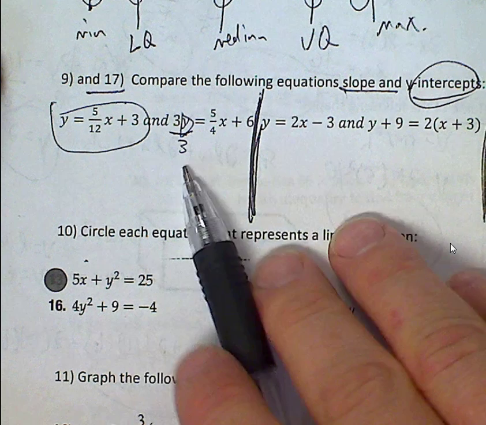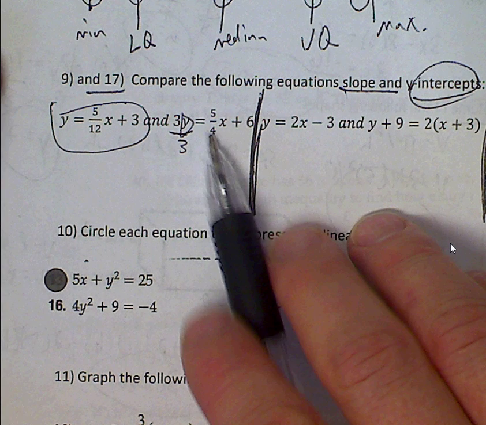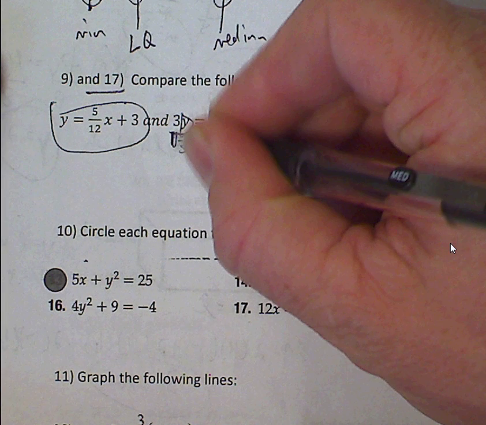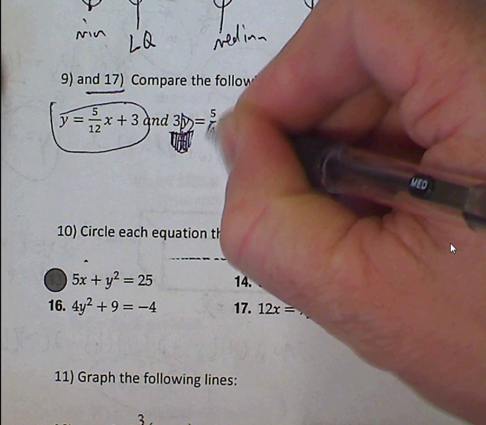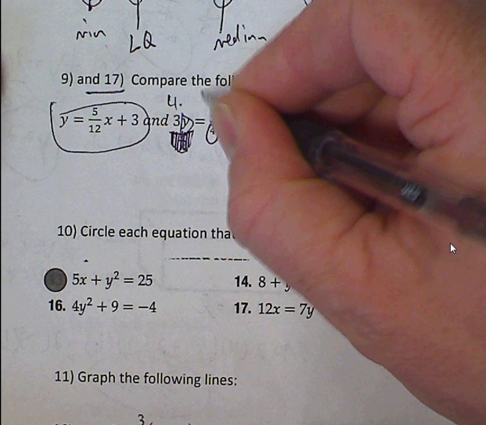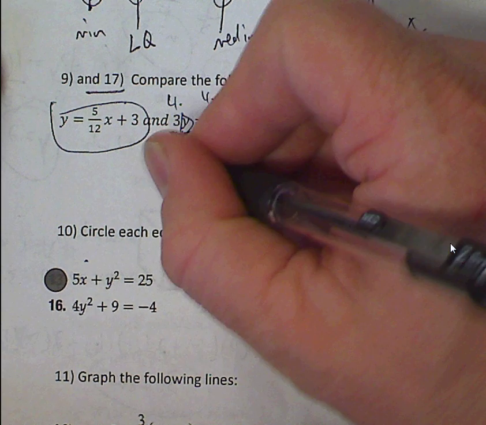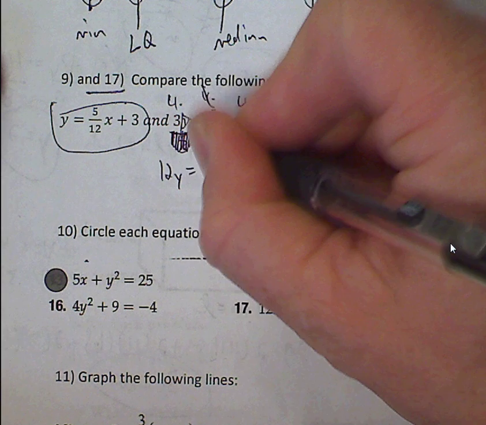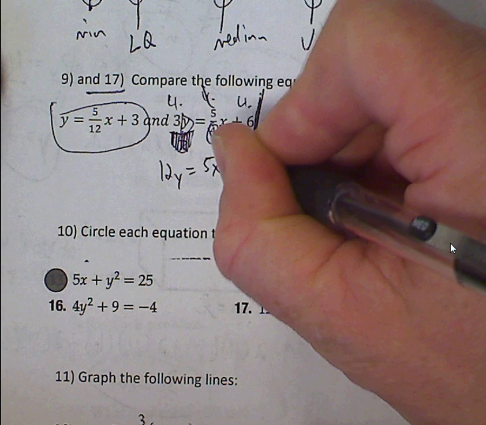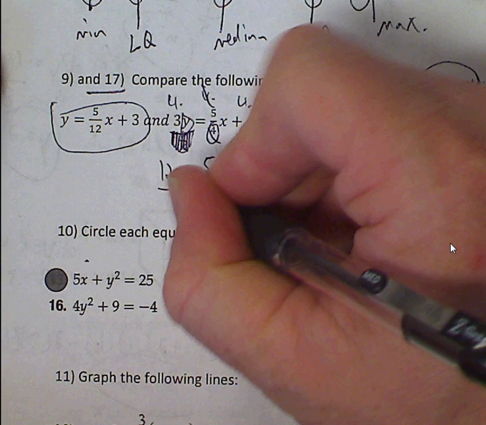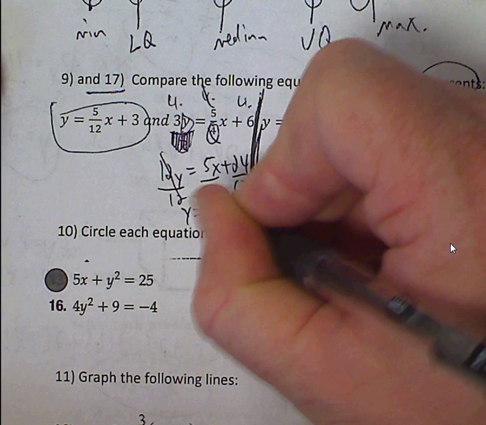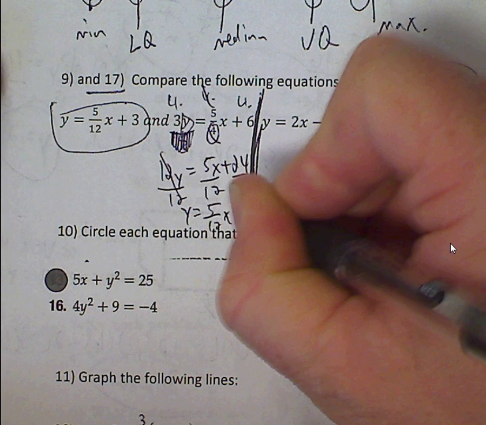Now, if I divide by 3, you're going to ask me, what do I do with this 4? So instead of dividing by 3 right off the bat, we're going to multiply everything by 4, so I'm dealing with whole numbers. That would be 12y equals, my 4 would go away, 5x plus 24. Now I can divide by 12, 12, 12. That would give me y equals 5 over 12x plus 2.